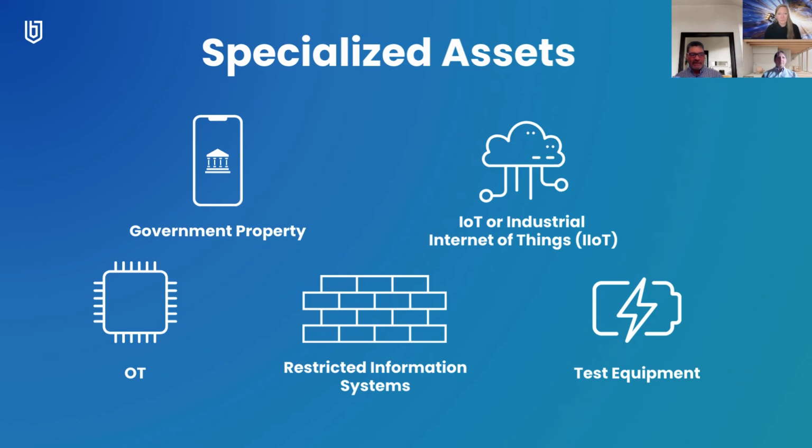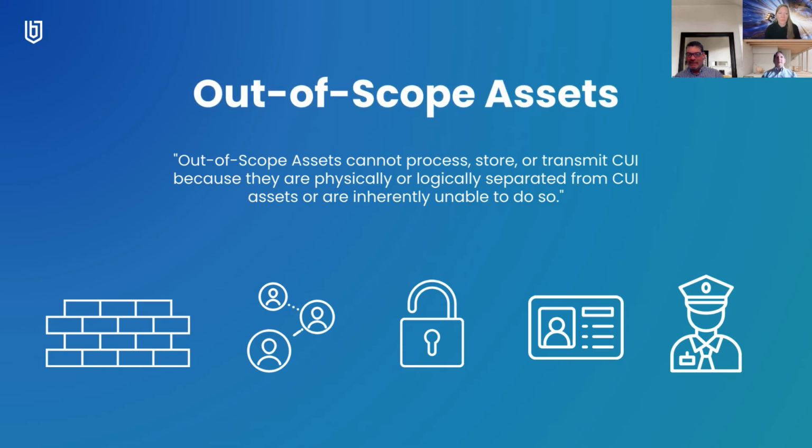Okay, and so then we can take a deep breath and go to out of scope assets, because now we don't have to worry about them, correct? Well, as far as your CMMC control implementation and the CMMC assessment, that's true.